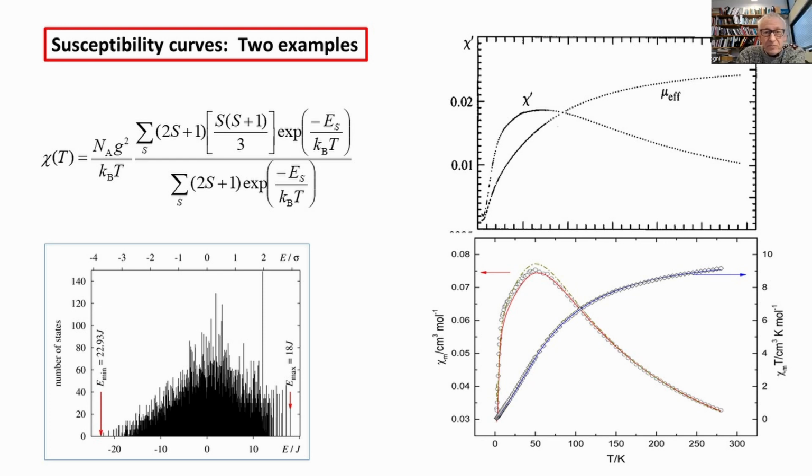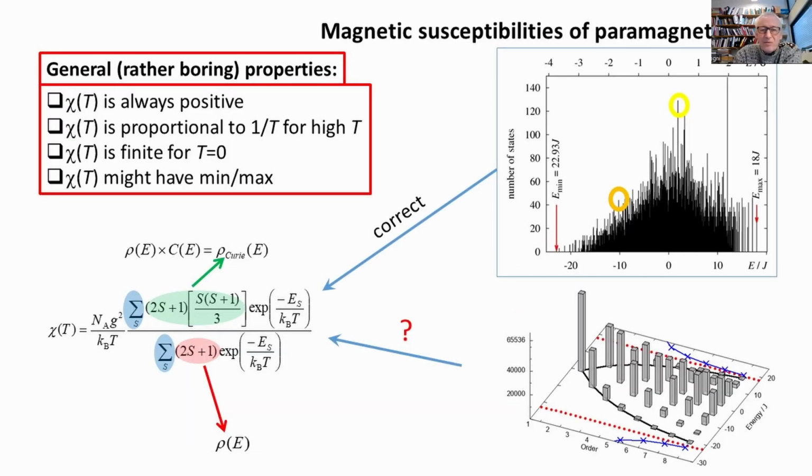And so for a given energy level diagram, for instance, presented here as a sum of delta functions, you get curves which could look like the ones you see to the right in the figure. And these curves are, so to speak, a little boring because they are always positive.